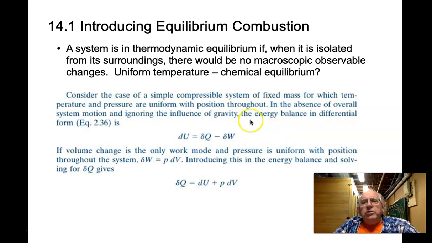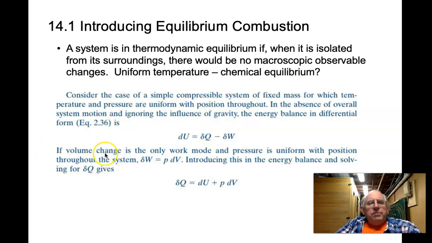And so this was the energy balance in differential form that we have been dealing with over the last 2 semesters of understanding thermodynamics, that the differential change in the property of the system, the internal energy of the system, is directly related to the heat transfer and the work. And the amount of heat transfer and the amount of work that occurs are what we refer to as path-dependent functions that basically are not path independent, but rather path dependent. And so that was our energy balance in a differential form.